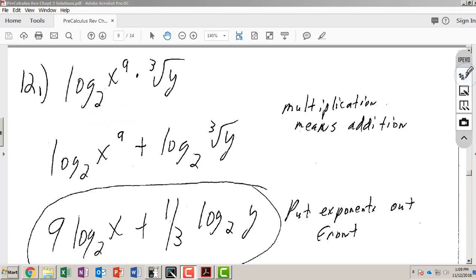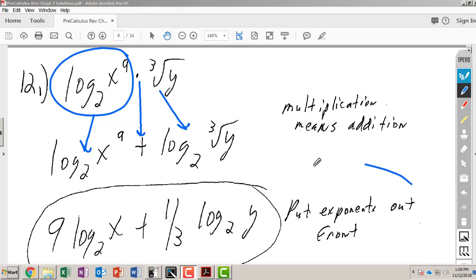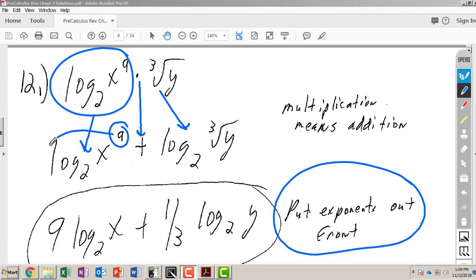Now I remember that I need to put all my exponents out in front. So my 9 is going to go out in front. That leaves me with 9 log base 2 of x plus. I need to remember that the cube root of y is equal to y to the 1/3.